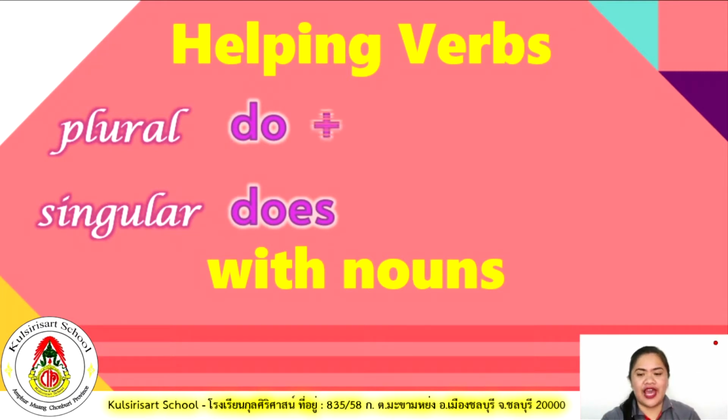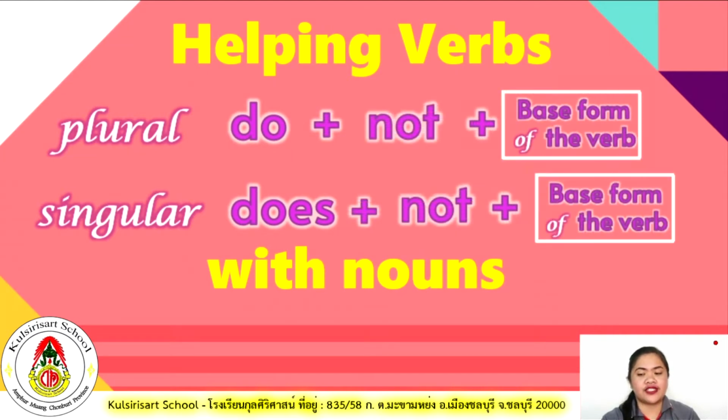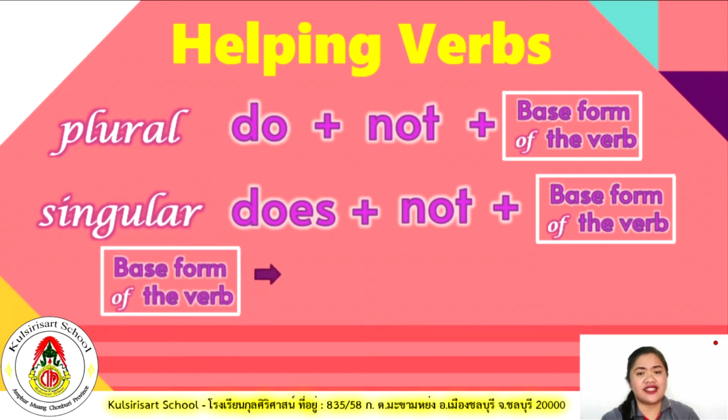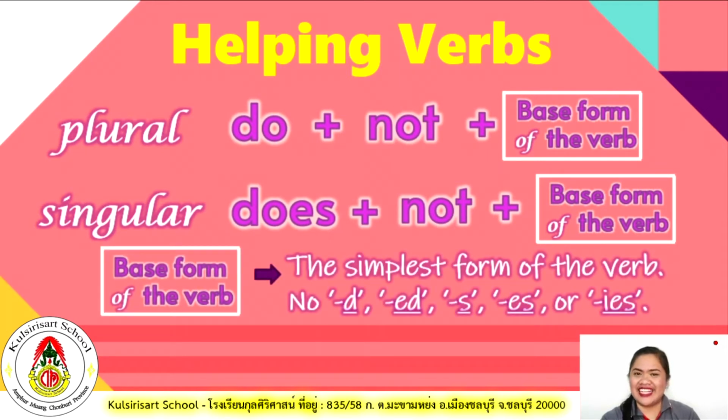And both of them should have not. And of course, the base form of the verb. Class, can you still remember what a base form of a verb is? When we talk about the base form of the verb, it means that it is the simplest form of the verb.